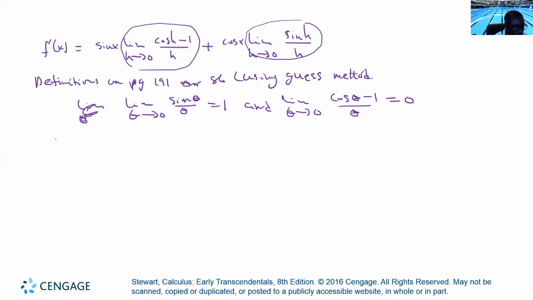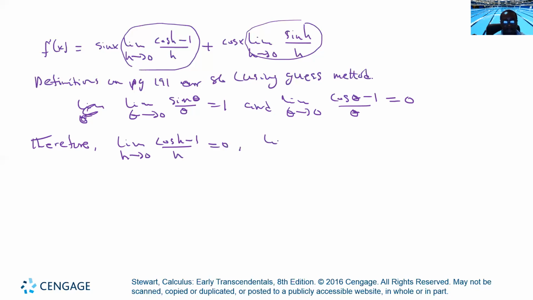So that means that if we go back to this proof here, the limit as h goes to 0 of cosine of h minus 1 over h is equal to 0.